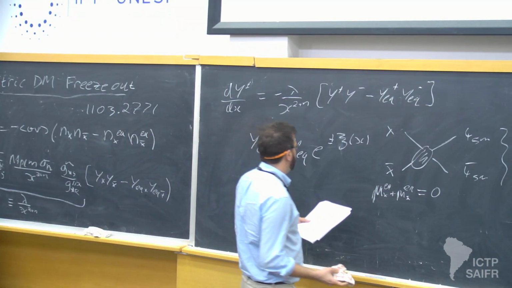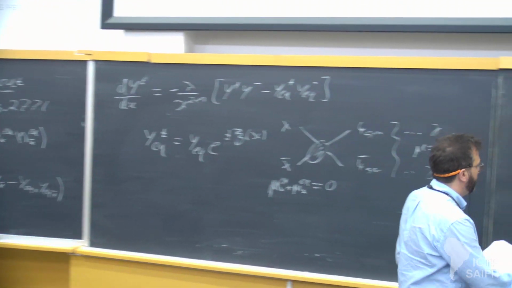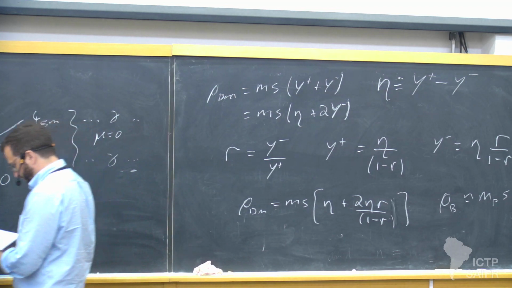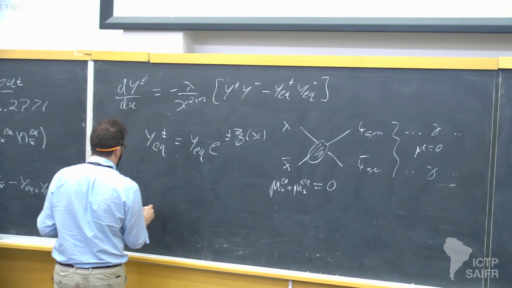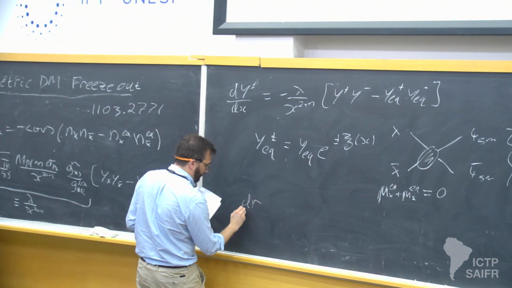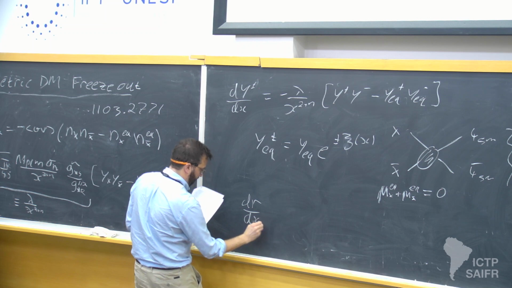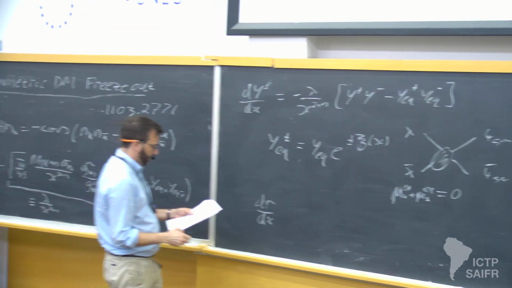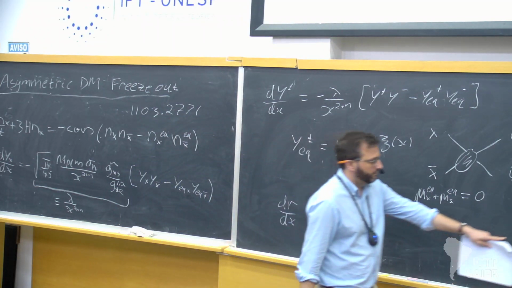So now we'll start rewriting our equation in terms of this r. So now we want to find dr dx, okay? And r is just, by definition, this.